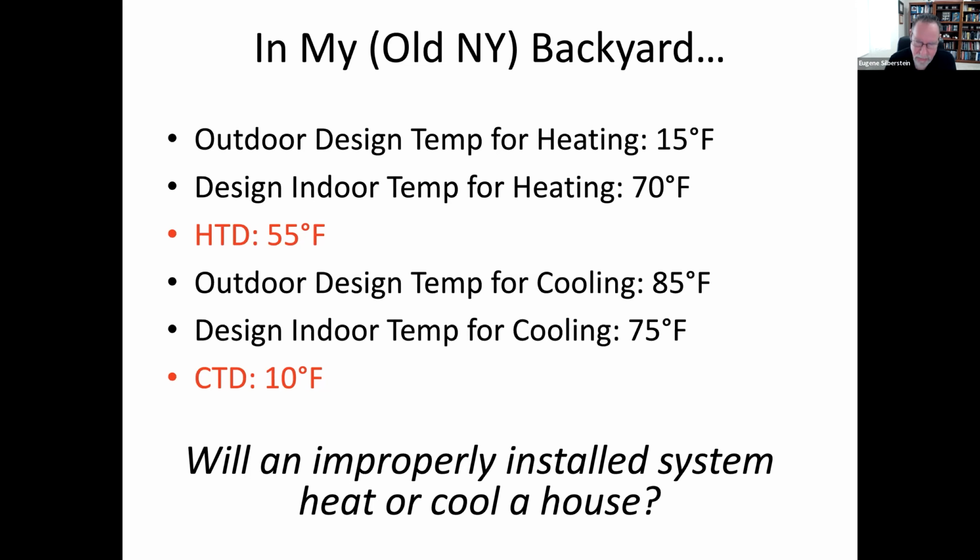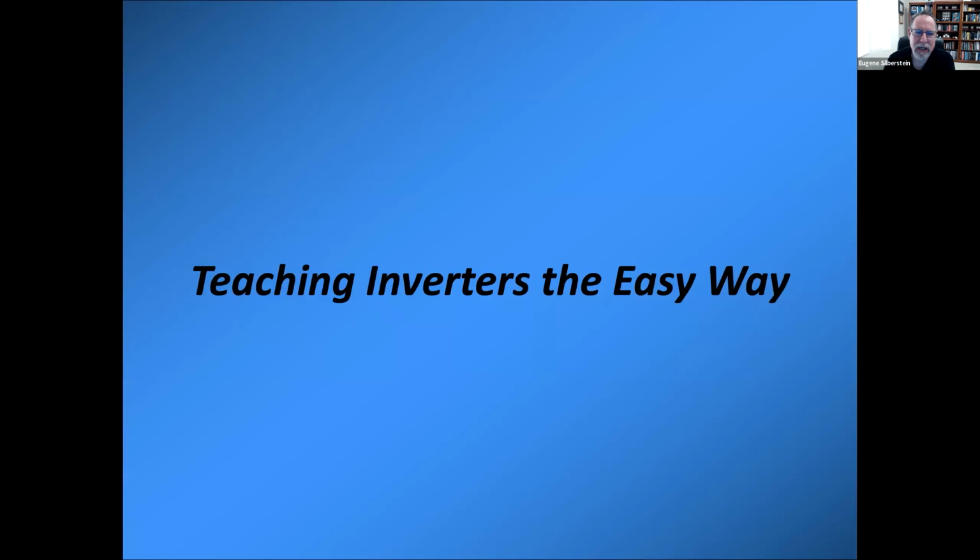And a lot of times when we're teaching relatively complicated subjects, our job as instructors is really to make it easy for our students to grasp the concepts and not give them a lot of extraneous information that they may or may not need at this time. Teaching psychrometrics, for example.